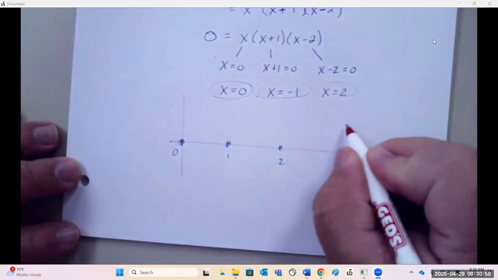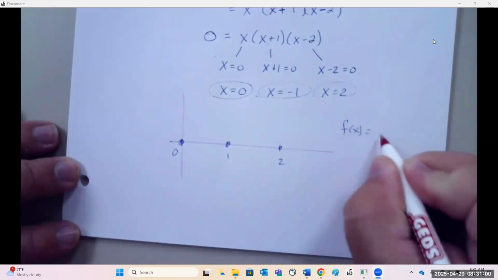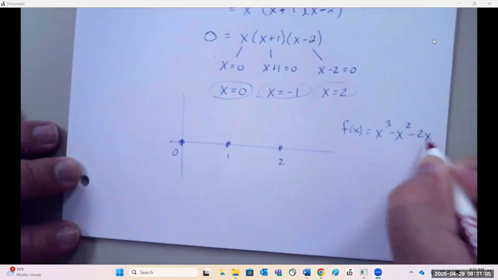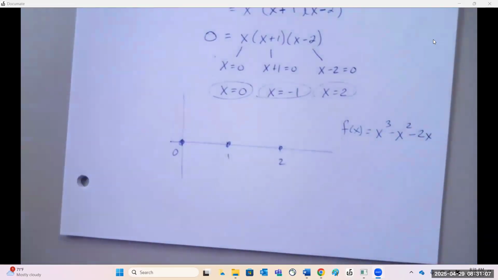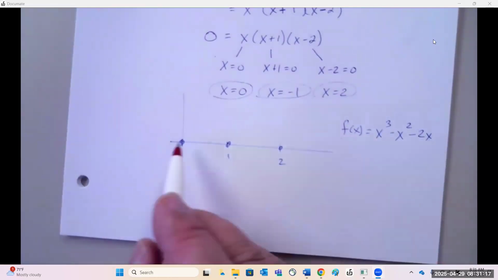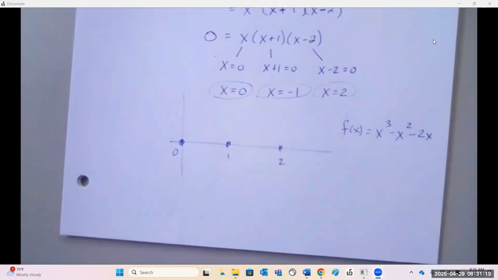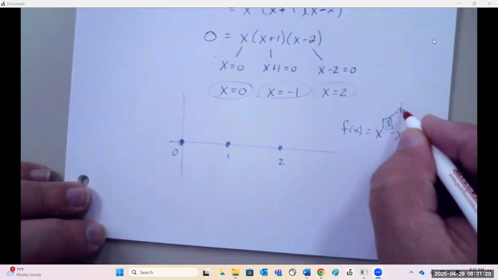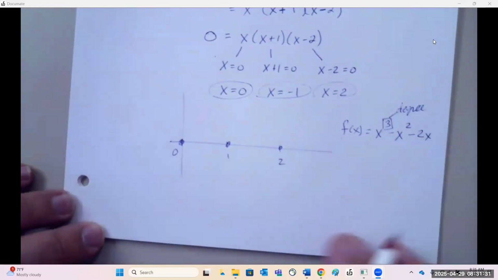We know the function, just looking at the equation itself, you can tell me the y-intercept. What's the y-intercept? 0, because there are no constants. When x is 0, y is 0. So that's the y-intercept. We know it's going to have how many vertices? The degree tells us a lot.